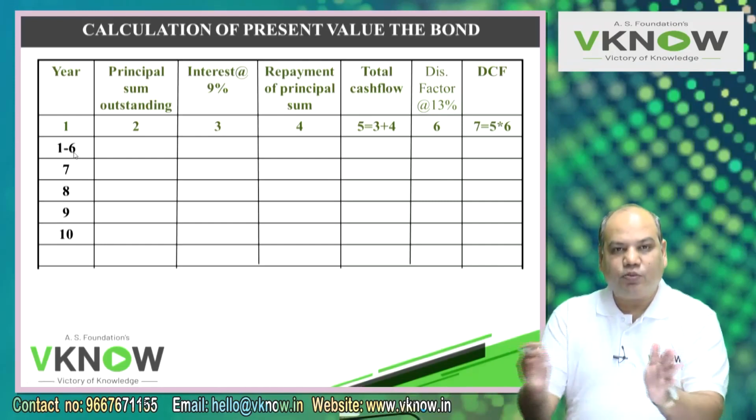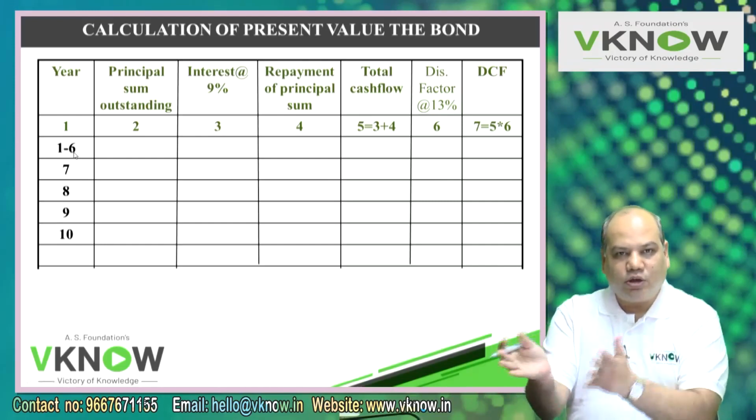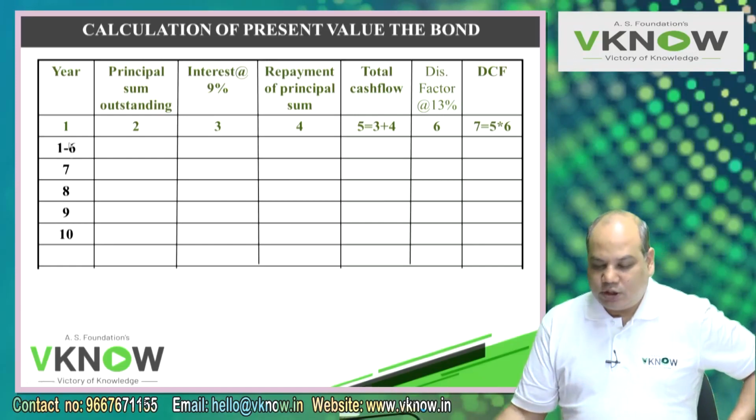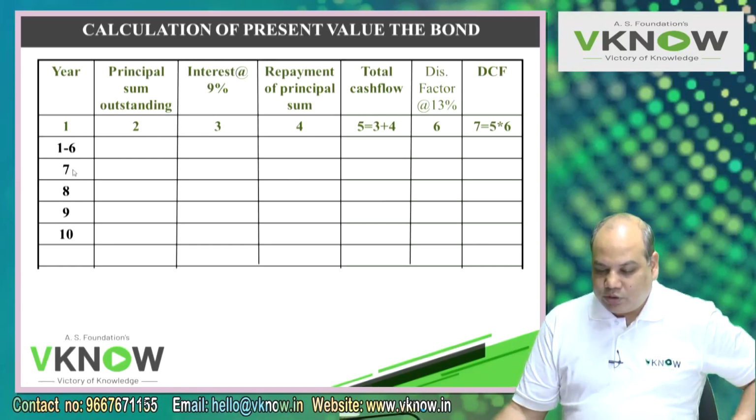So if the cash flows are equal, you can use an annuity and save time, space, energy, effort. Years 7, 8, 9, 10 you will write separately, because redemption will start, so the cash flow of years 7, 8, 9, 10 will be different.